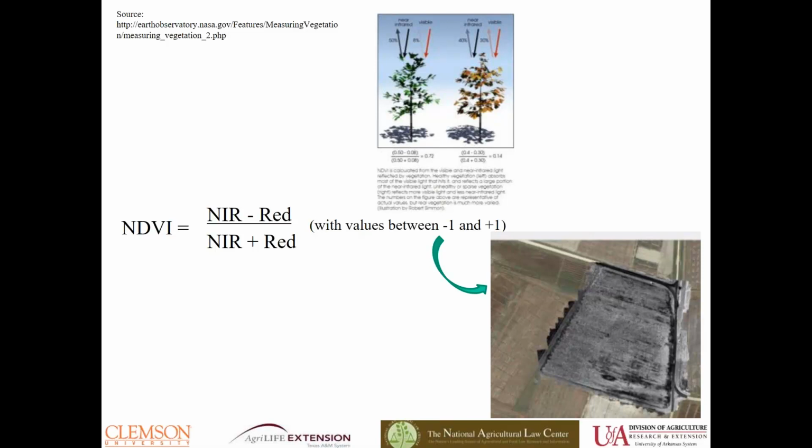The output values range from -1 to +1, which when visualized yields a black and white image. Notice the processed image of a soybean field in the bottom right, which appears black and white.